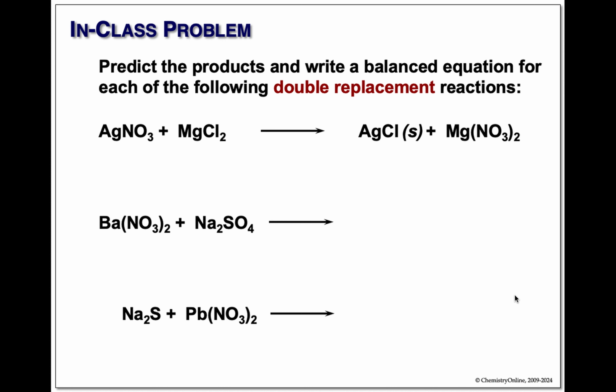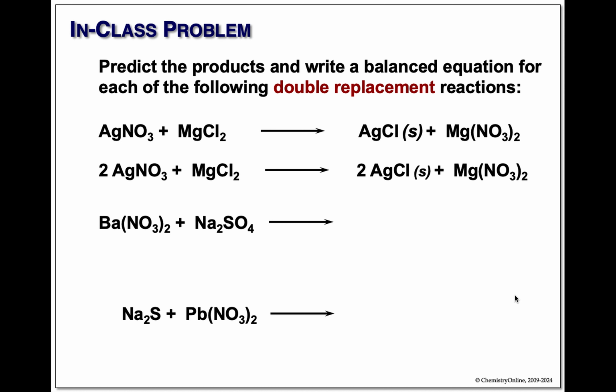One silver, two chlorines, one chlorine. Oops, we have to put a 2 in. That gives us two silvers over here. The magnesium is fine. Do the next one.